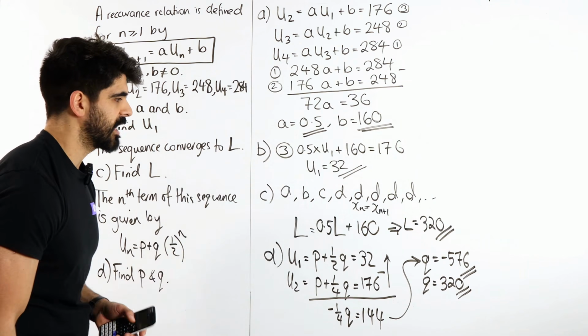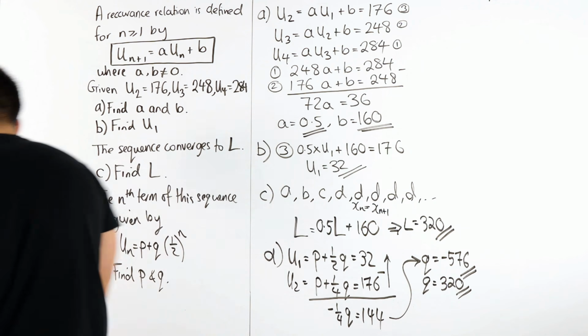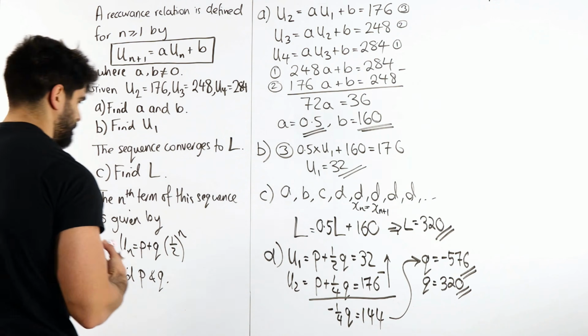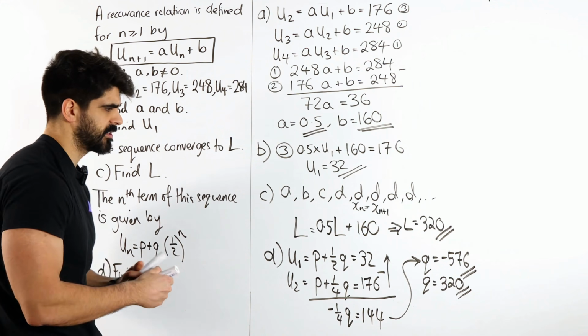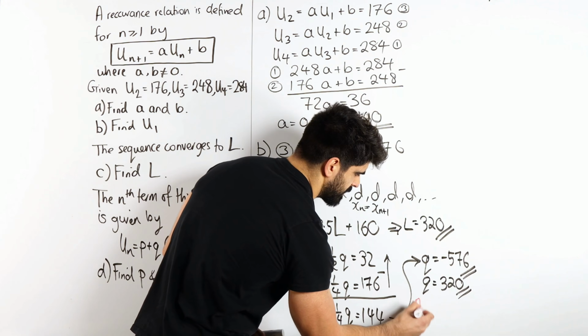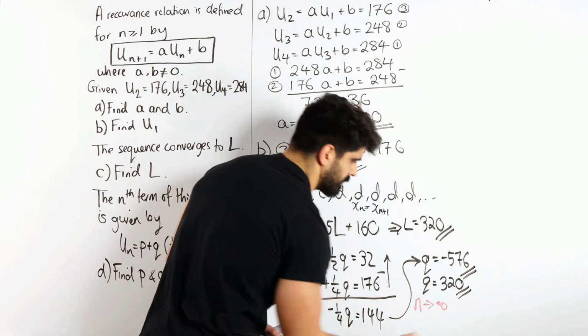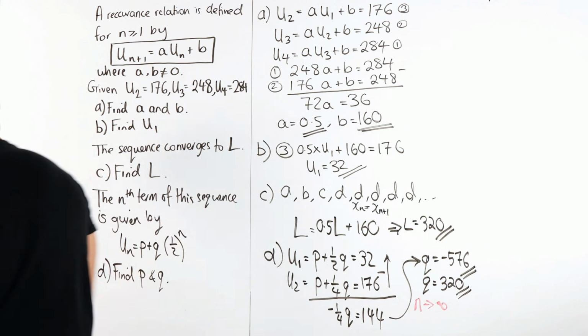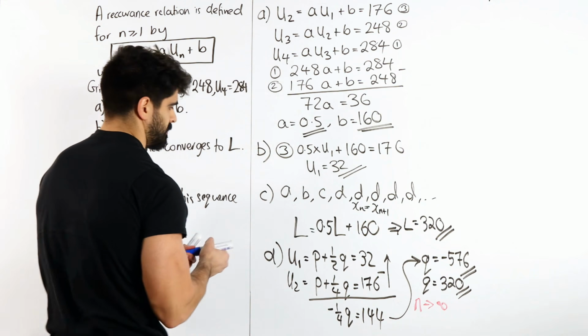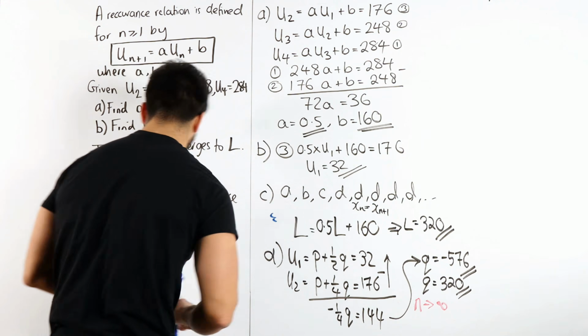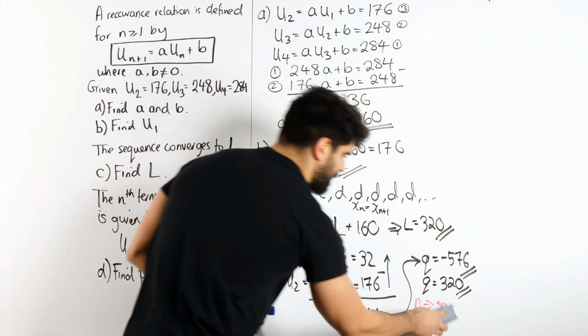So let me show you guys how you could have done this with your limit function. I'll do it with a different color. I don't know if you guys can see that because that is a pretty trash color. Blue's better. I definitely had a nicer red pen.